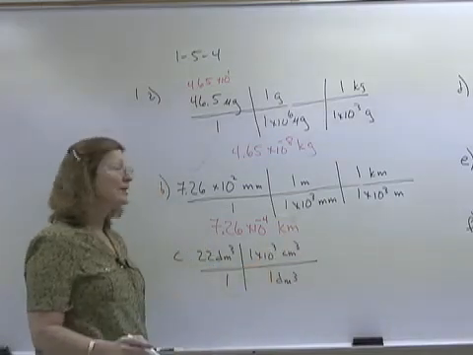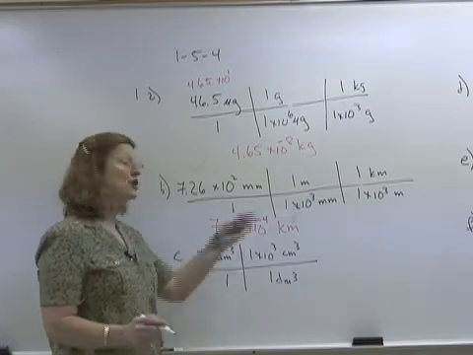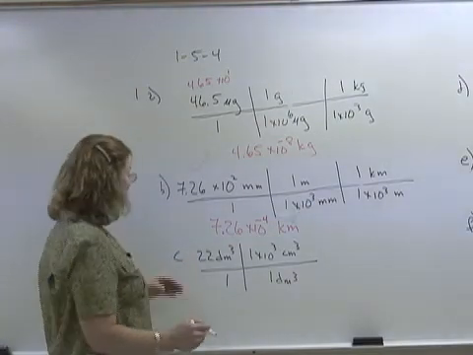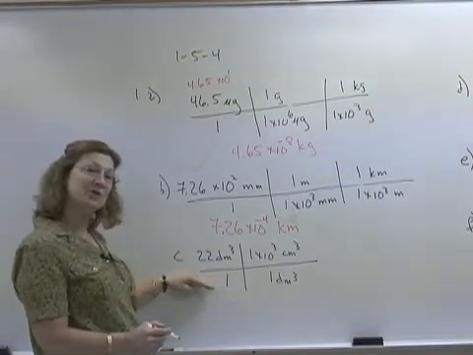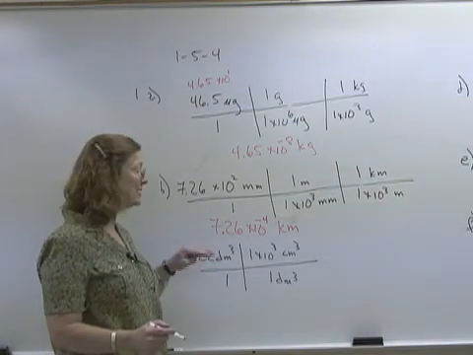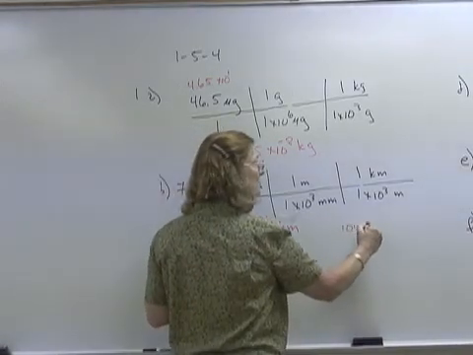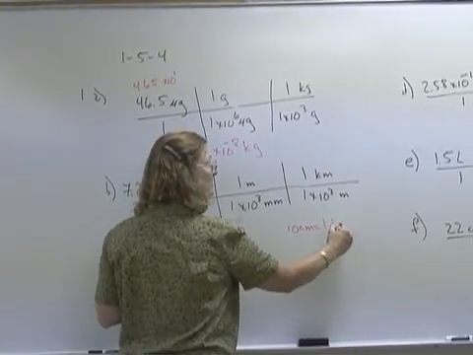Now, it's very important that you have the correct label with these because I need to know what I'm talking about here. So now we're in cubic units. When I have cubic units, I need to understand that 10 centimeters is 1 decimeter.